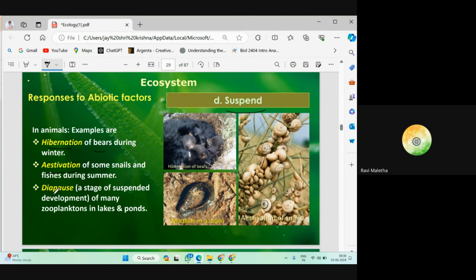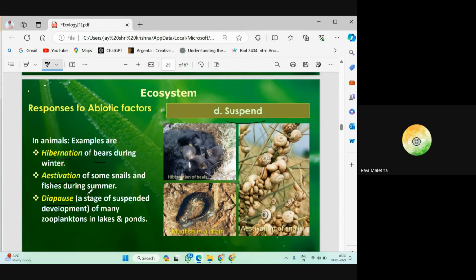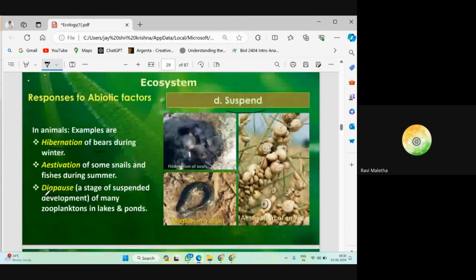Next is diapause. So diapause is also very important. It's seen in very lower species like fungi and zooplanktons and all. So what happens in diapause?